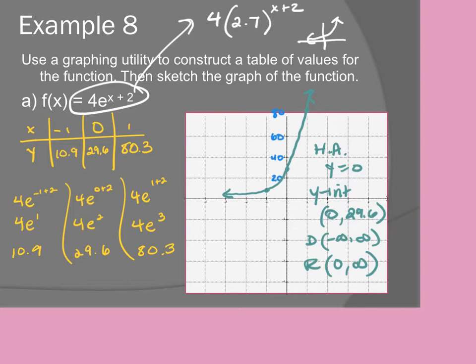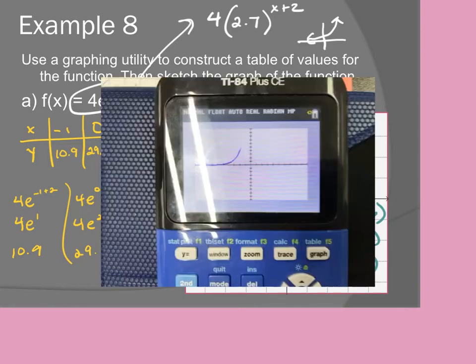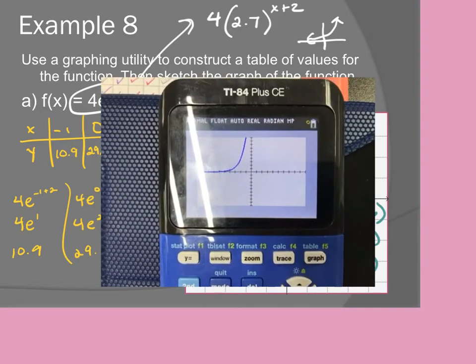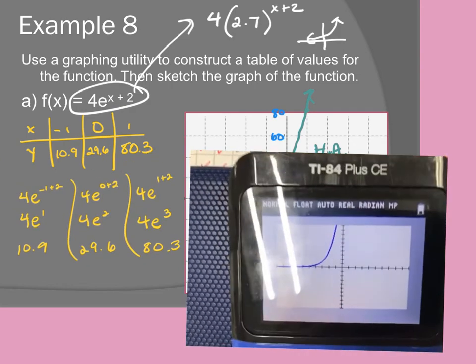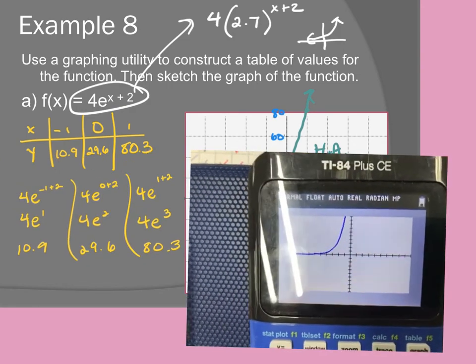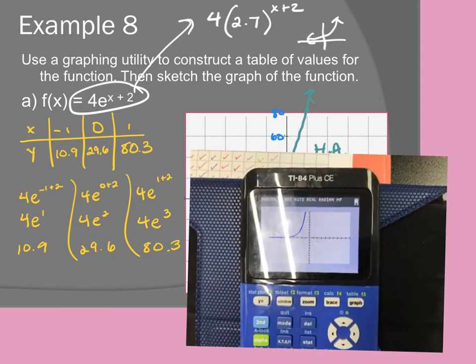Now, if I had a graphing utility, I could go to my y equals and type in 4e to the x plus 2. Like that. I could hit graph. And there's the graph, right? Which is basically just my overall shape.